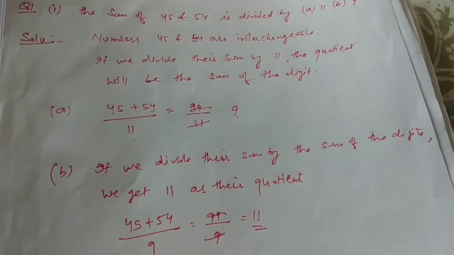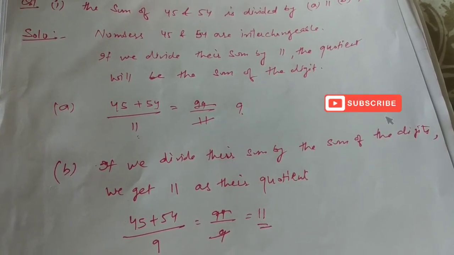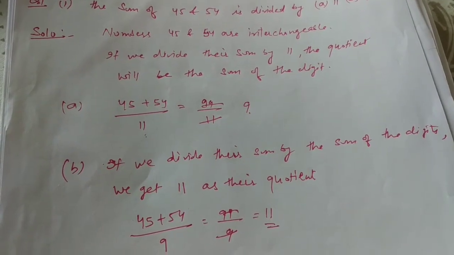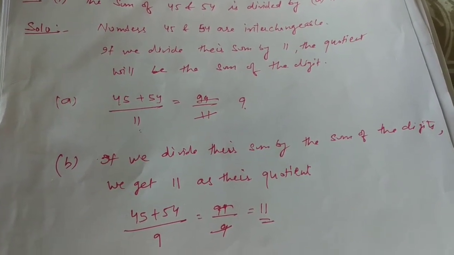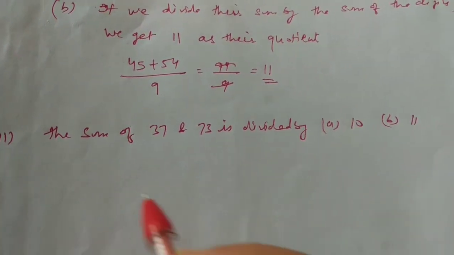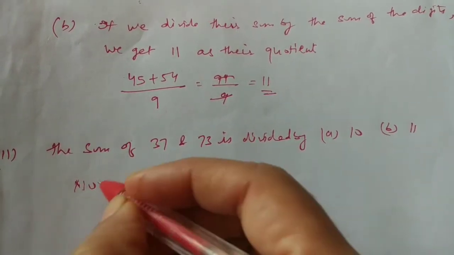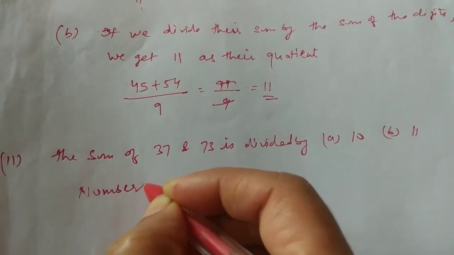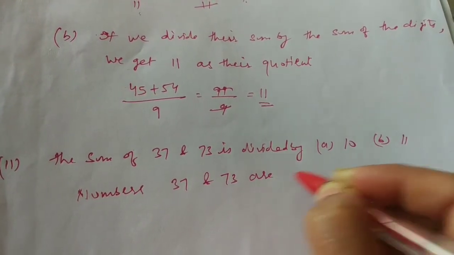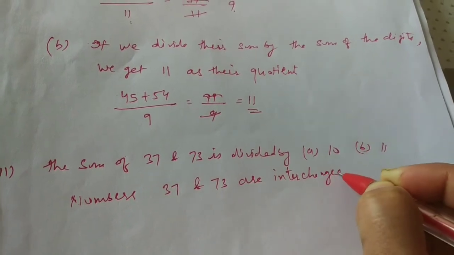Now come to the second part, where the numbers 37 and 73 are given. The numbers 37 and 73 are also interchangeable. So we will write, numbers 37 and 73 are interchangeable.